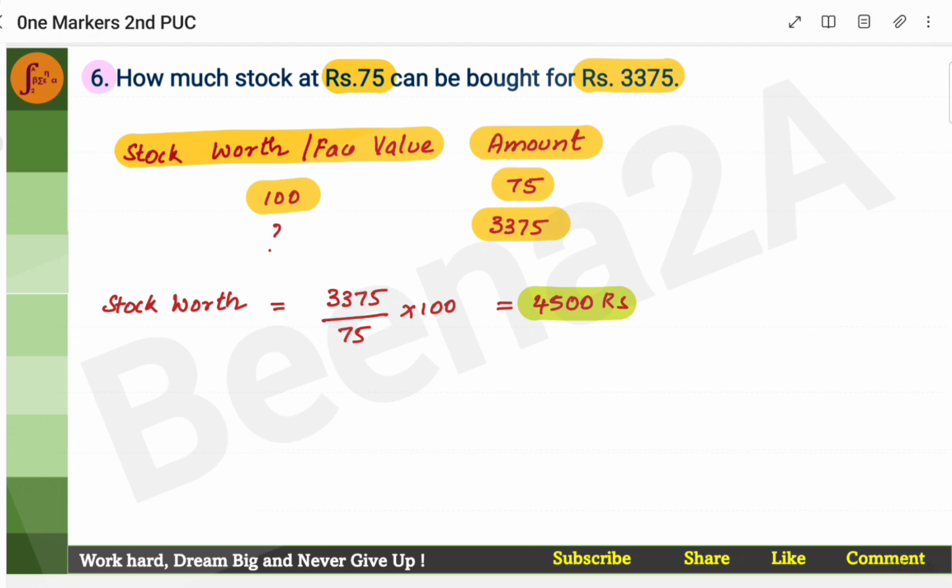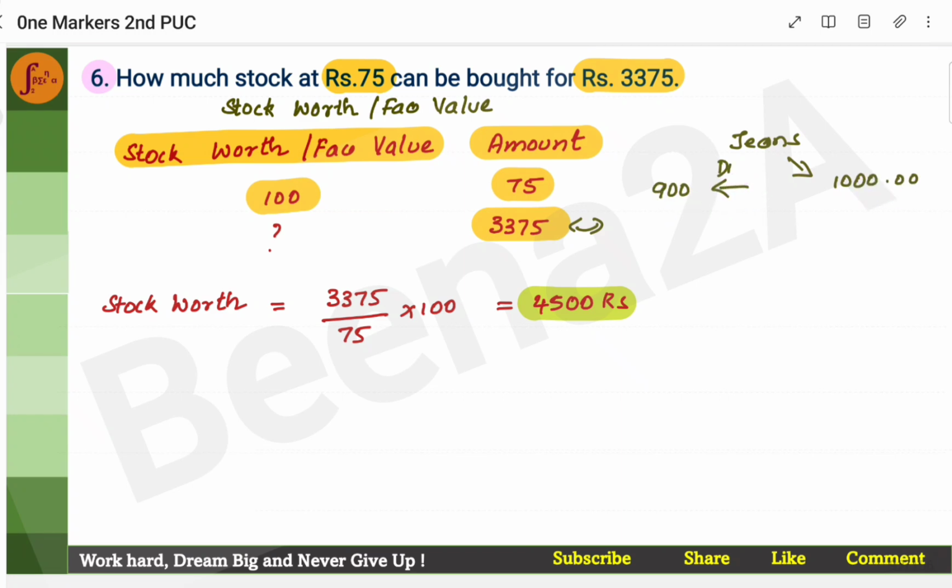So now there is always a confusion where to put this number. Should this number be put here or here? So how much stock means you'll have to find the stock worth. Say, for example, you want to buy jeans. Say the cost of one jeans is actually 1,000 rupees, but you are getting it at 900 rupees.